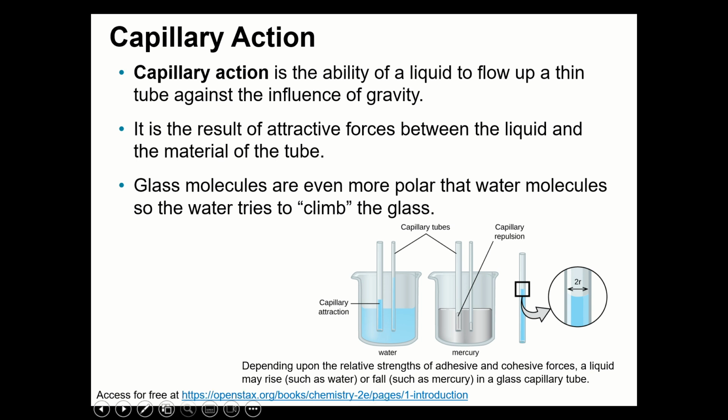And then capillary action works the same way. This is the ability of a liquid to flow up a thin tube against the influence of gravity. So again, you'll see capillary action happen for water, where it will climb up that glass tube, but you won't see it for something like mercury that's not attracted to the glassware. It'll be capillary repulsion.